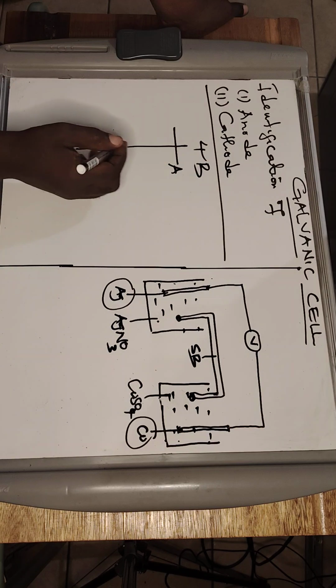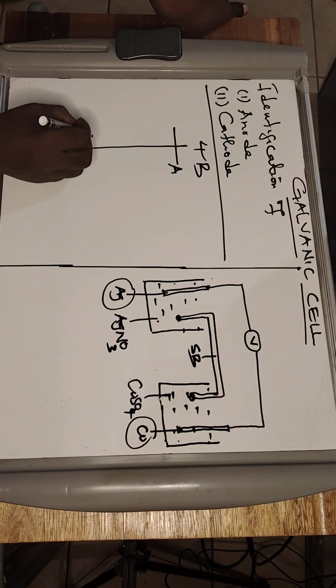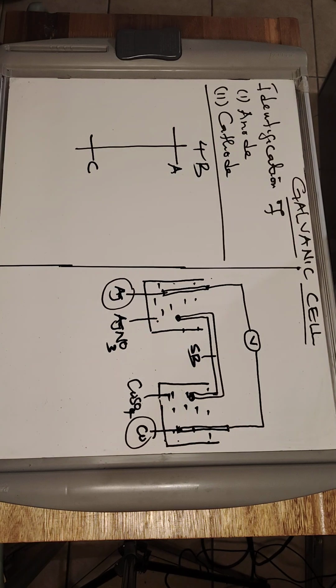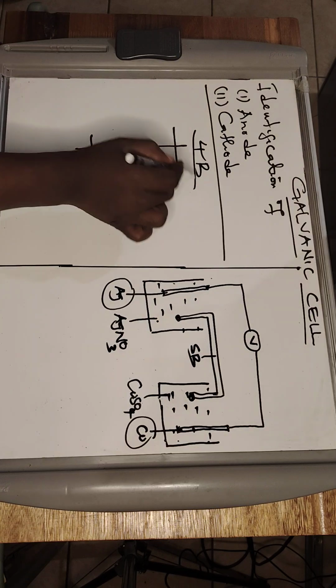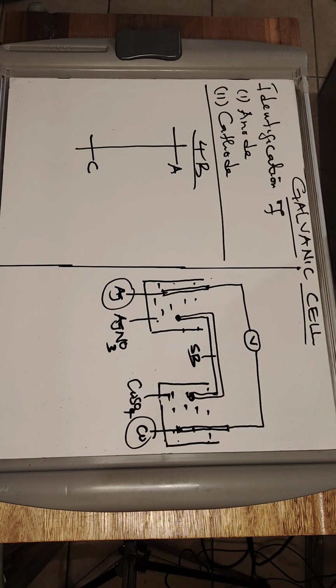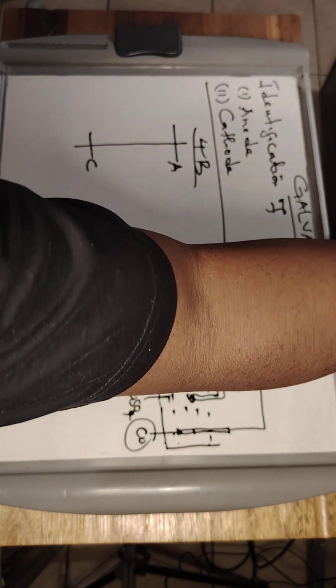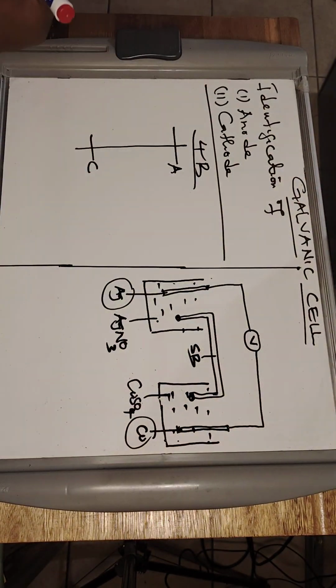We normally tell our learners that A comes before C. So the first one you meet using table 4B is the anode. Let us look at what comes with the anode, some of the information we need to know.